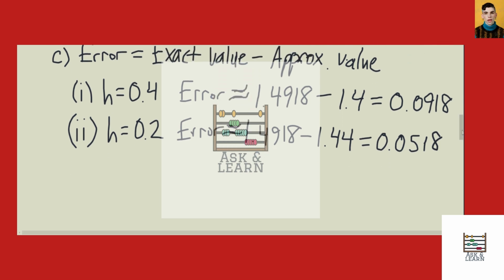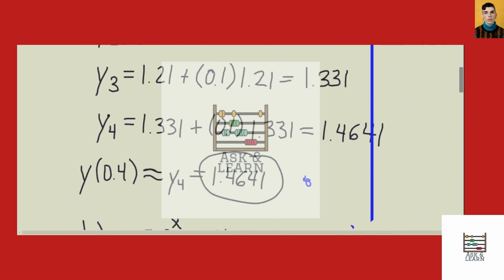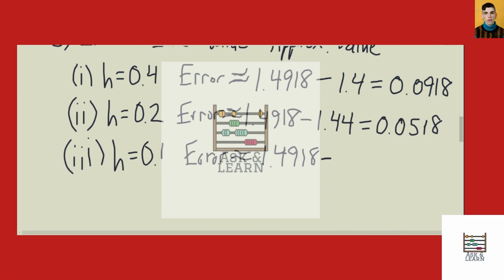And finally, in part 3, where we said the step size was 0.1, our error is approximately 1.4918 minus 1.4641, which is equal to 0.0277.